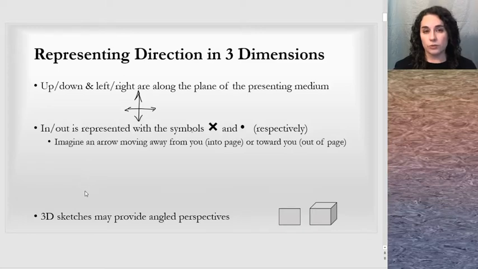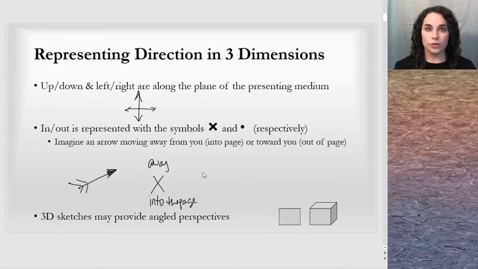The way to remember is to think about an arrow. When I draw an arrow, I think about the head of the arrow and the fletching at the end of the arrow that makes it fly straight. If the arrow is moving away from me, I will see the end of the arrow and the fletching and therefore represent it with an X. That's moving away, which we call into the page.